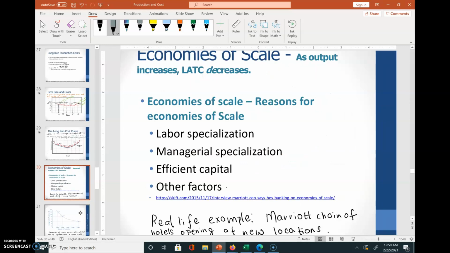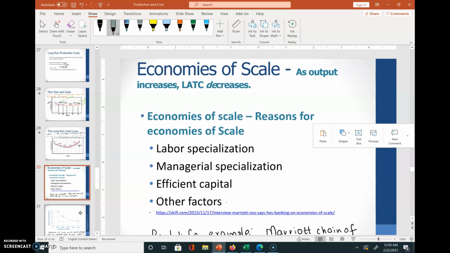Now let's look at these three concepts. We have economies of scale, we have constant returns to scale, and we have diseconomies of scale. Economies of scale means as output increases, long run average total cost decreases. We all love this, decreasing long run average total cost.